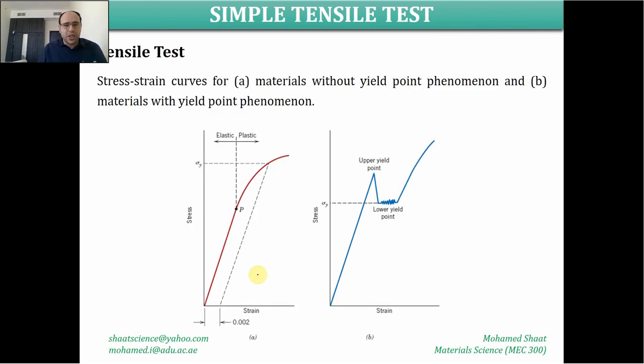What is the difference between a material without yield point phenomena or a material with yield point phenomena? This material is a material without yield point phenomena. Why without? Because as you can see, this is the straight line. This is the linear relation between the force and the elongation, or the stress and the strain.